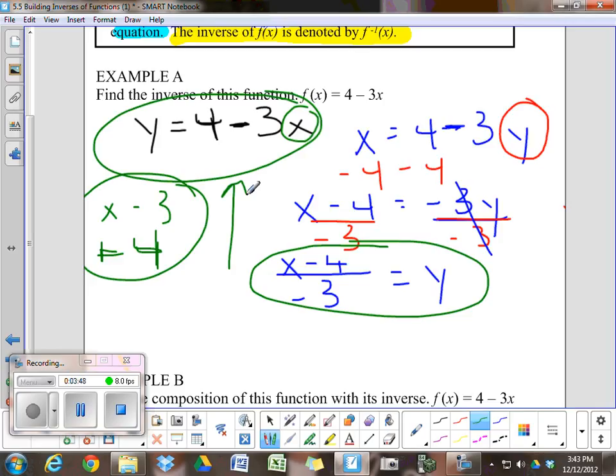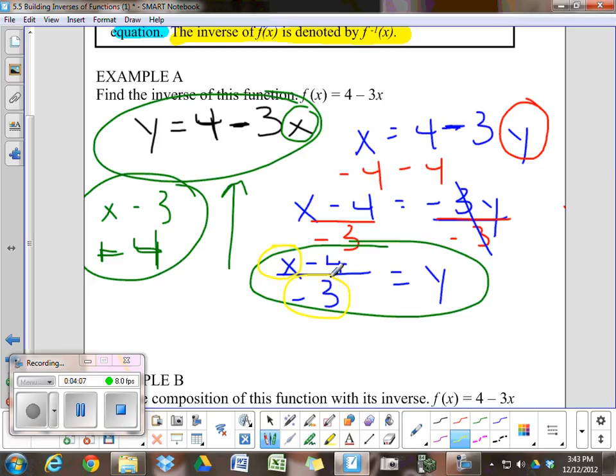So now in the inverse, the x, instead of adding 4, you do the opposite and subtract 4. Instead of multiplying by negative 3, you do the opposite and divide by negative 3. So that is the inverse for example A.